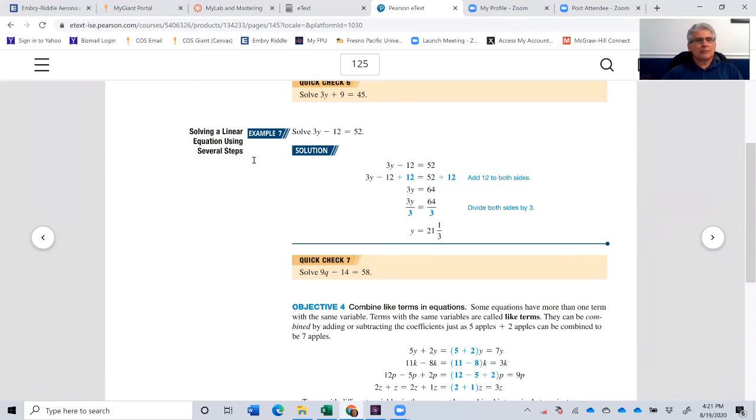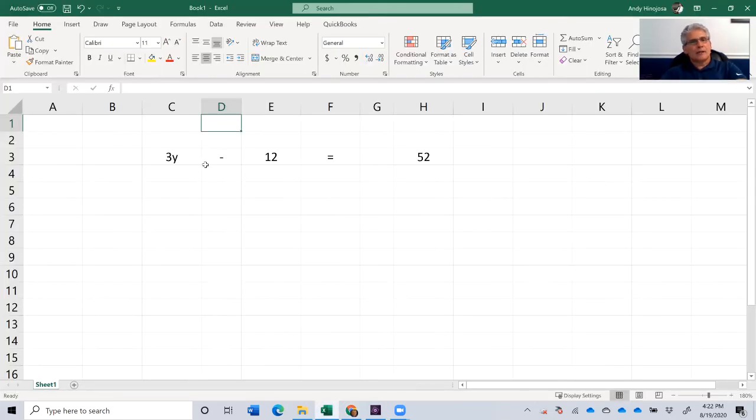Moving on to example number 7, solving a linear equation using several steps. 3y minus 12 equals 52. Again, we want to isolate the y, and so to do that, we're going to look at unlike terms.